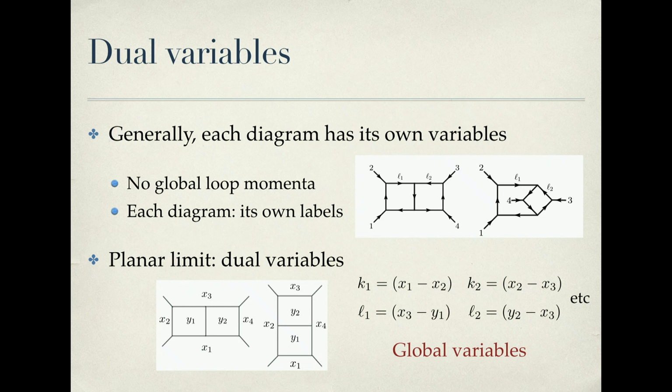There is no unique labeling of these diagrams, so there is no way to sum them together. However, if we go to the planar limit, only planar diagrams contribute, and there is a way to do it. There are global variables on the diagrams. The main idea is that the variables are associated with faces of the diagram rather than the edges. In that case, we can choose global variables, label all the diagrams in a unique way, sum them together and get one object, which will be the amplitude. These are called dual variables.